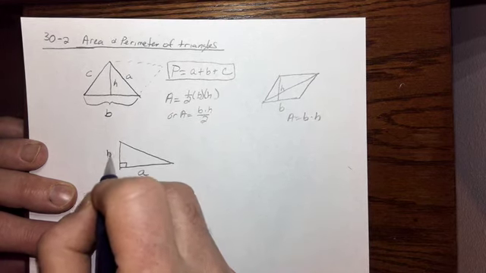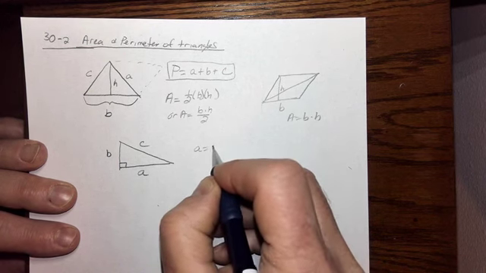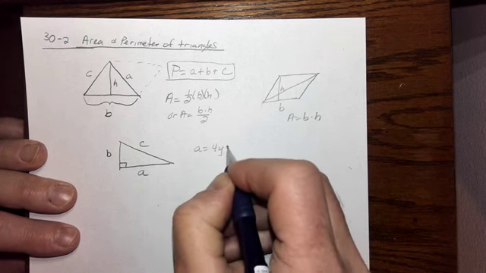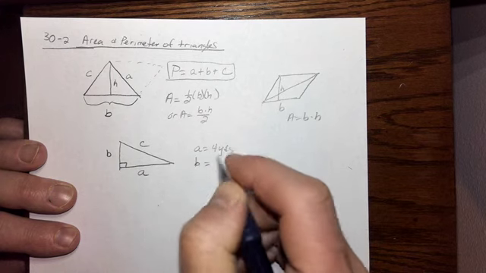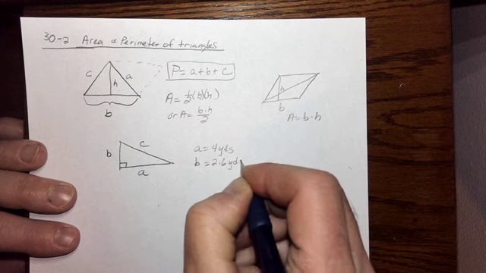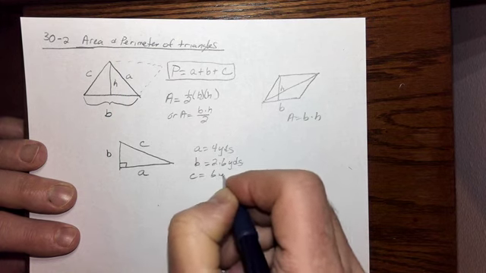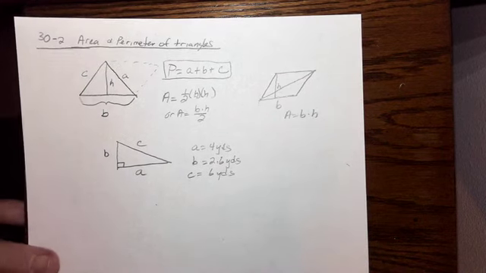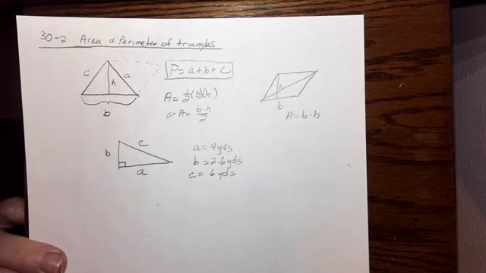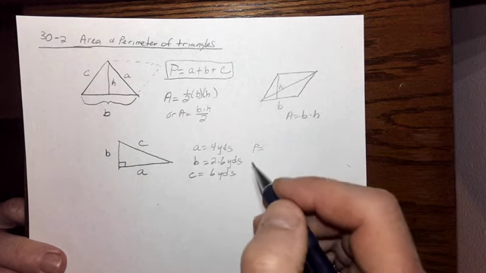Let's call the sides A, B, and C. And I said that A was 4 yards, B is 2.6 yards, and C is 6 yards. We want to find the area and perimeter. Well, the perimeter, like I said, is pretty easy. You just add these up.